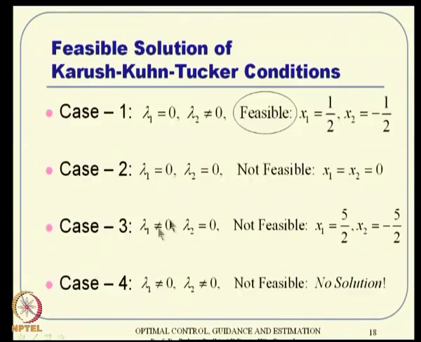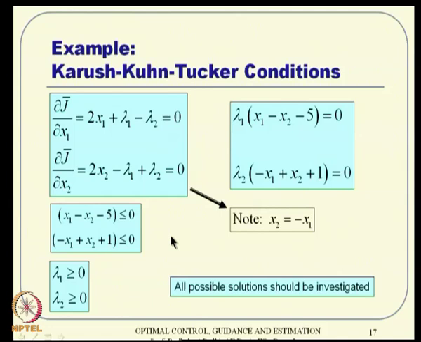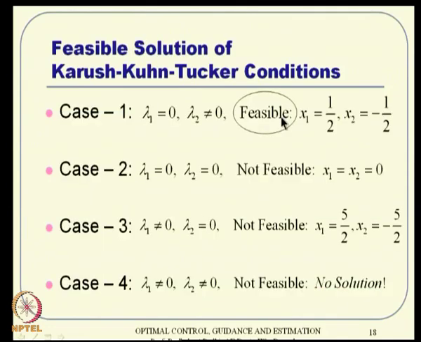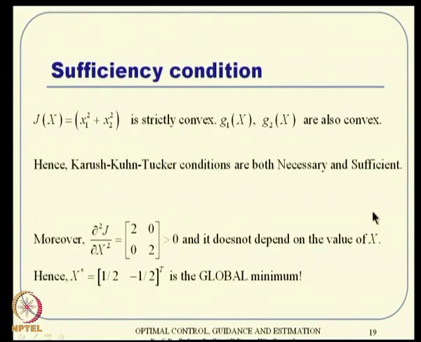Take these feasible conditions case by case and analyze whether all these conditions are satisfied or not. Very quickly you will see that only one condition will satisfy, and all others will fail for some reason or other. So this is a feasible candidate, x1 half and x2 minus half, and the other things are not feasible candidates.